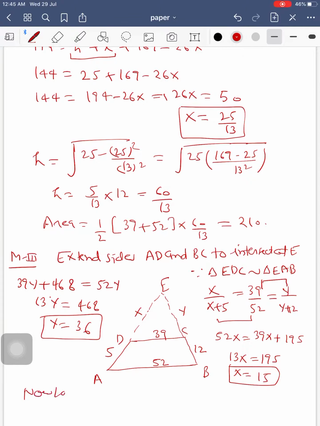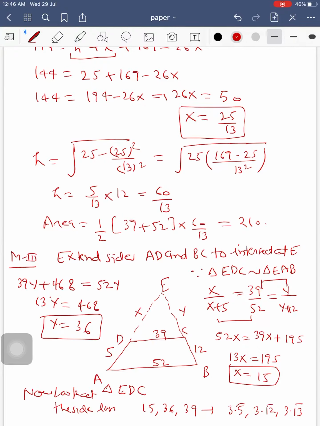Now look at triangle EDC. The side lengths are 15, 36, 39, and this can be written in Pythagorean triplet form: 3 into 5, 3 into 12, 3 into 13.